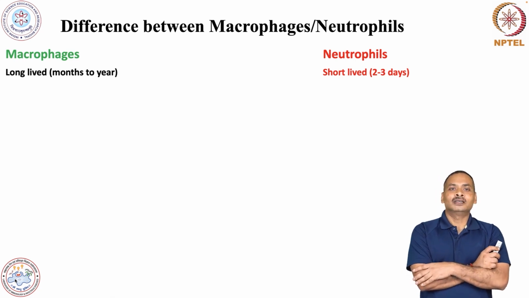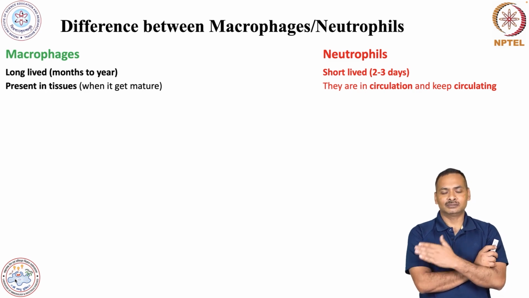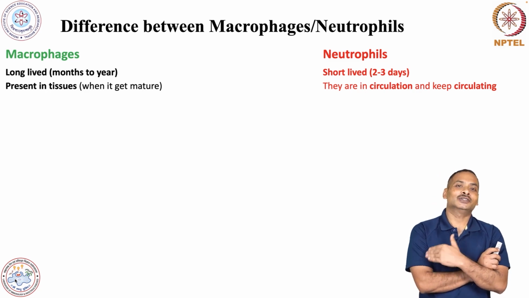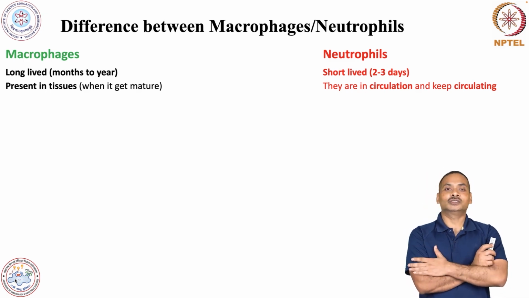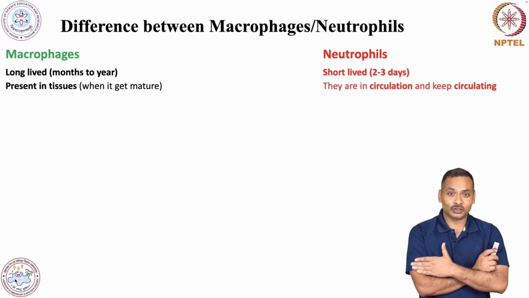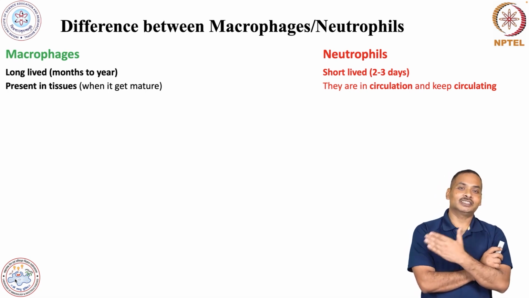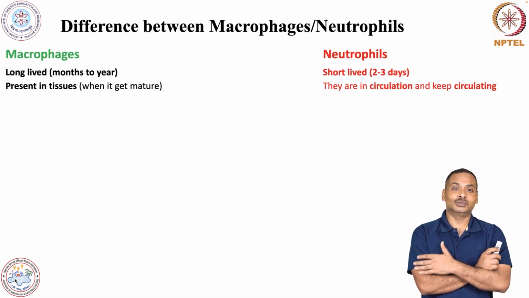Another difference is that macrophages are present in the tissues. As you have seen in the previous slide, there are a variety of tissue macrophages. If you remember, there is the histiocyte which is present in connective tissue, and the osteoclast, which is present in bone.